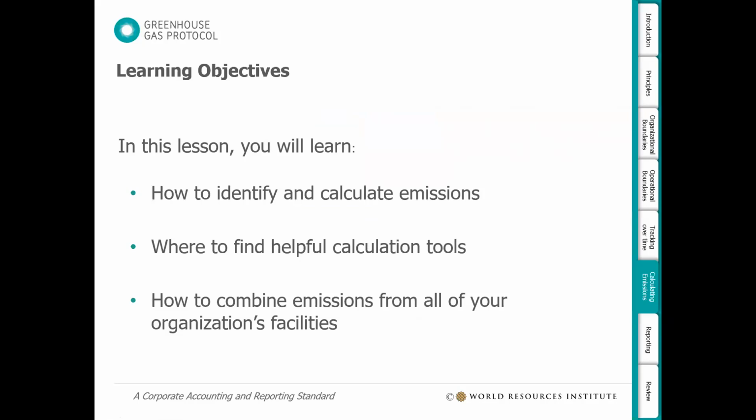We'll learn where to find helpful calculation tools, and we'll be summarizing some useful internet resources that offer tools or other resources for calculating emissions. And finally, we'll also look at how companies can combine emissions data from individual facilities and operations into a single consolidated corporate level inventory.